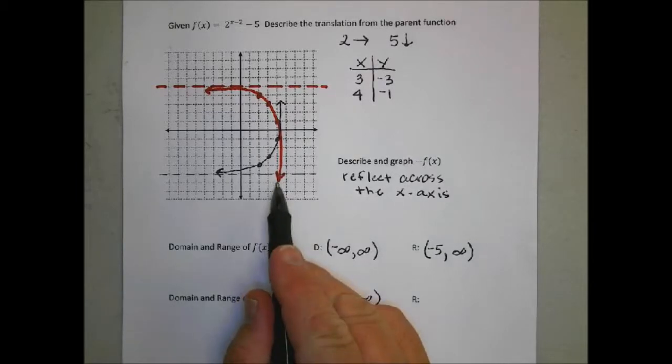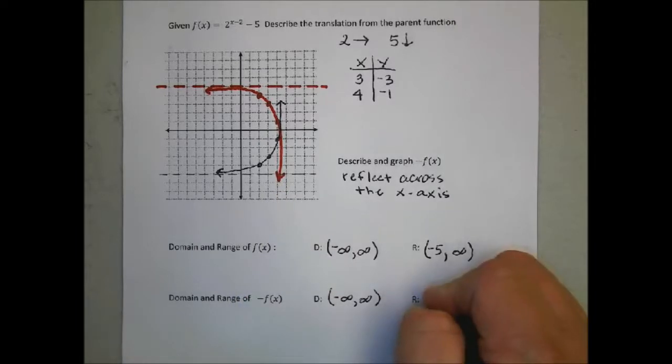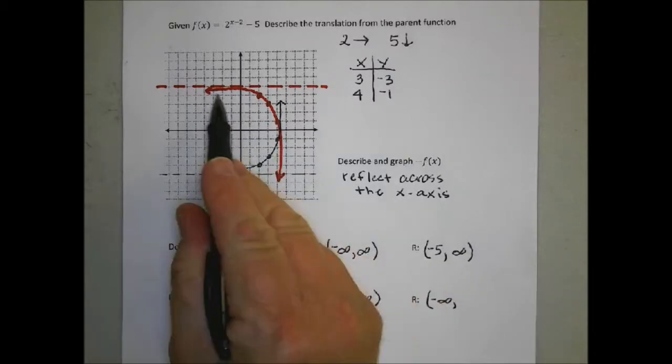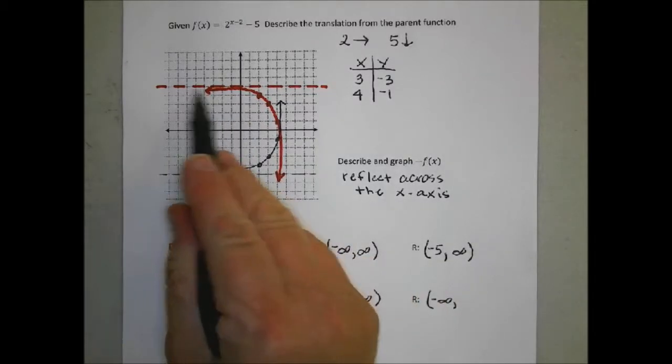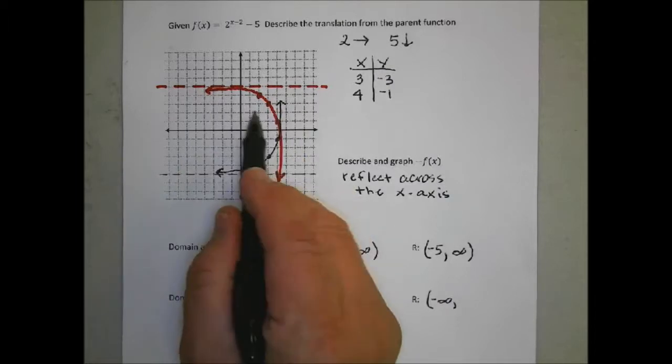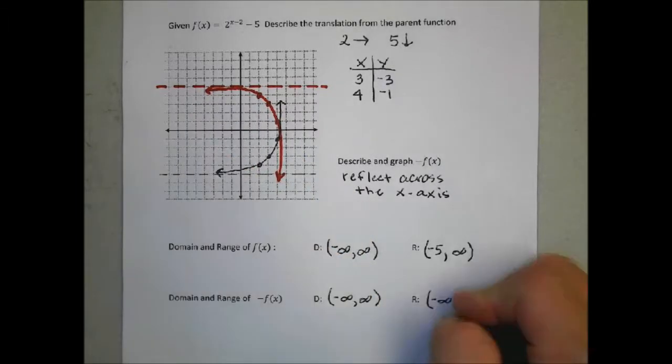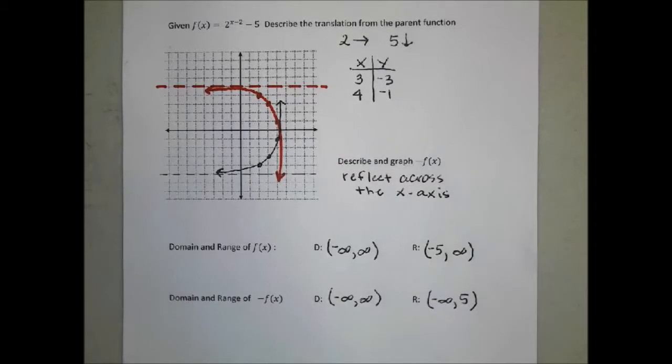The range has no low value at all because it keeps opening down and down. So negative infinity, but it does now have a high point. The asymptote is at positive 5, and the graph never touches that asymptote. So it's positive 5 with an open bracket.